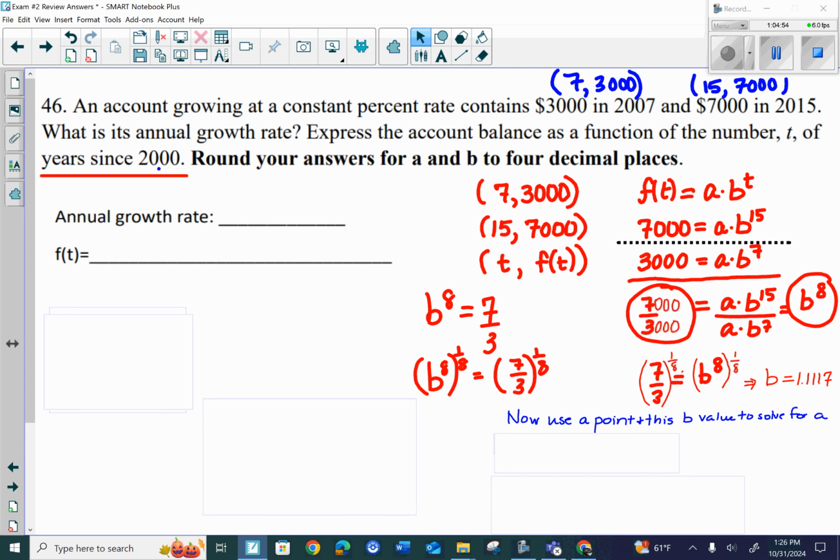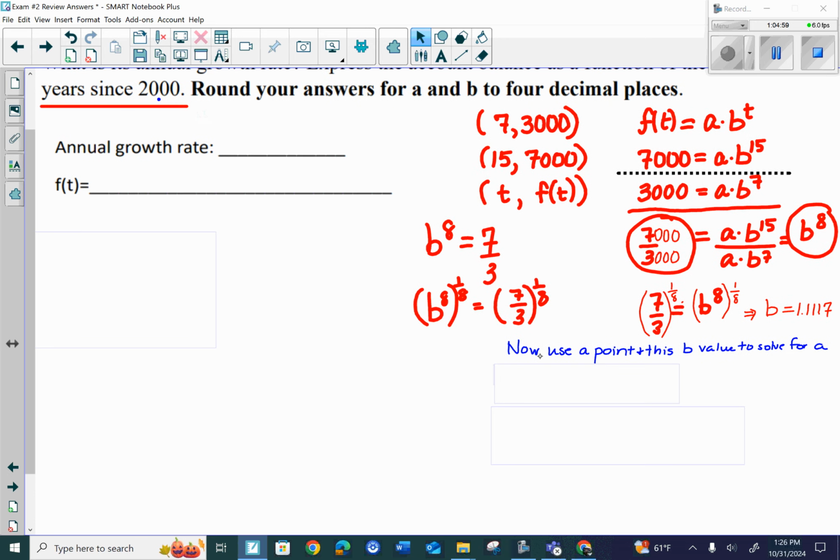Now you go back, use another point, and that b to solve for a. So we plug in the point 3000. We don't have a, but we do have b. I would use the b that you get on your calculator, not just this truncated b. So 3000 gives me this equation, and you figure out what 1.1117 to the 7th is, and divide 3000 by it, and you can solve for a.